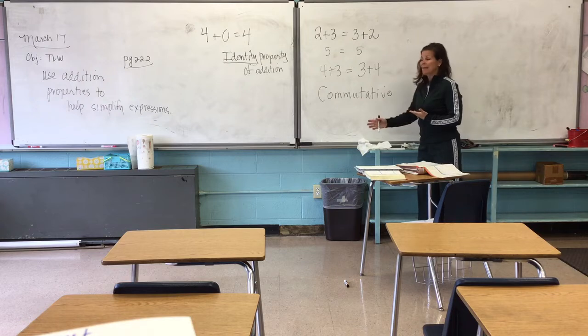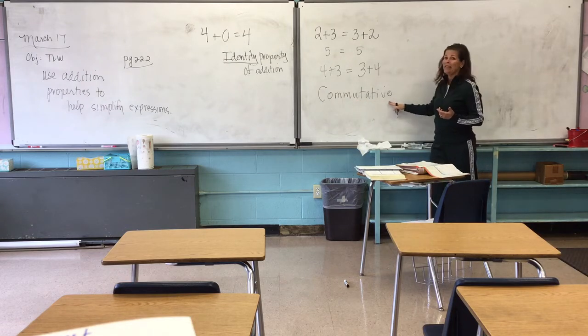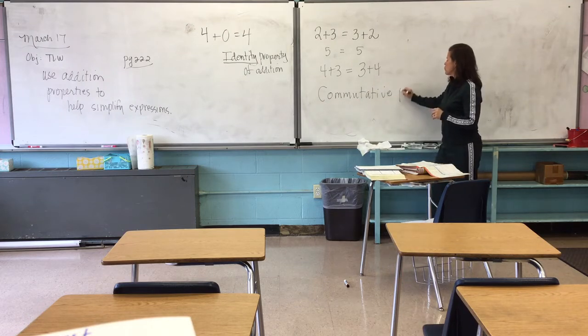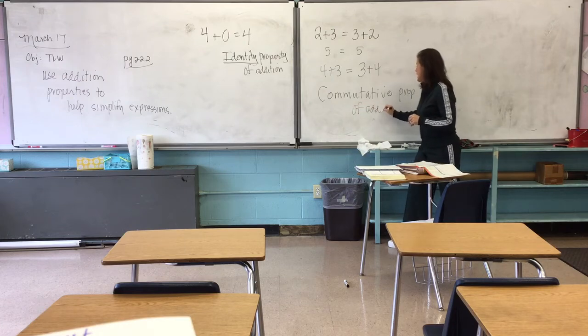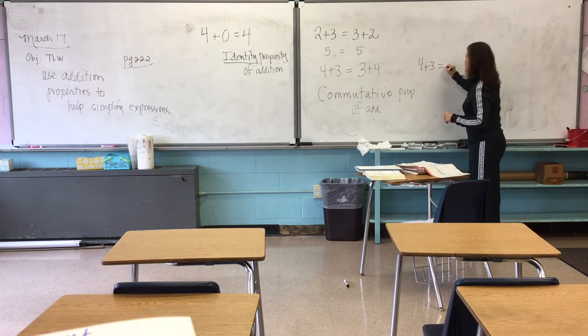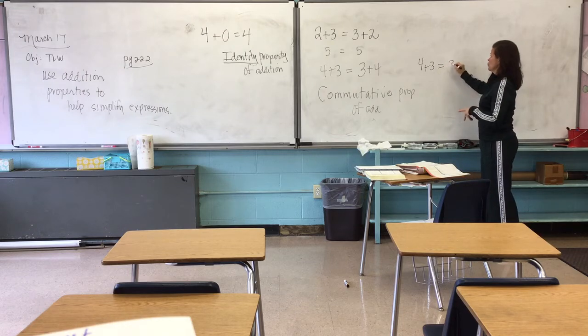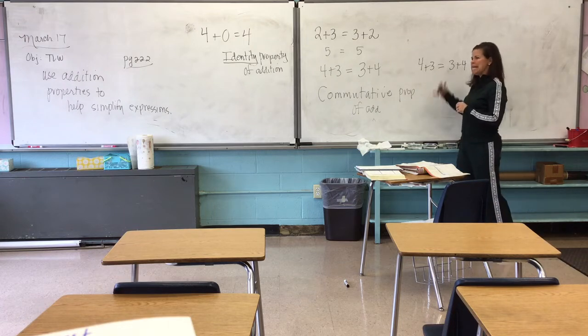It's commutative, not community. This is the commutative property of addition. It says any number plus another is equal to the order changed around. The order does not affect the end result.